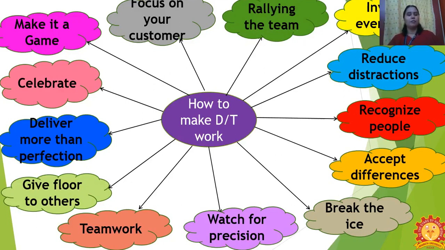Then make it a game. What do you infer by making it a game? How many of you have been working in the IT sector? You might have seen these scoreboards, score charts, which are projected on each floor which the employees work on.